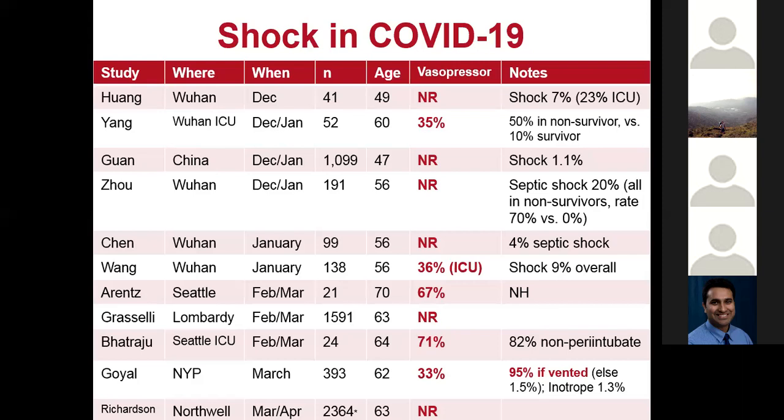At least the New England Journal paper from Seattle ICU, the third line from the bottom, tried to comment on whether this was related to sedation and peri-intubation or not. Of their patients, they found only 14% needed pressors due to the intubation and sedation. 82% had some longer standing duration of vasopressor use, which they thought was related directly to COVID-19 and its effect on the SVR. You have this other series from Cornell, and of all their patients who were vented, pretty much if they were vented, they were on a vasopressor.